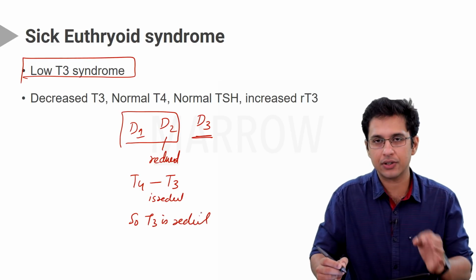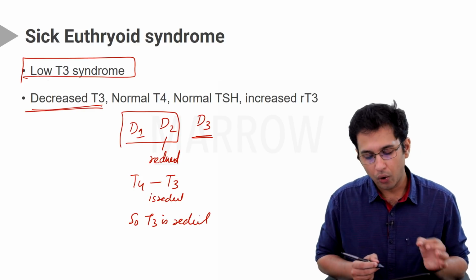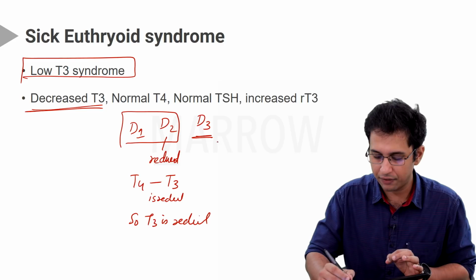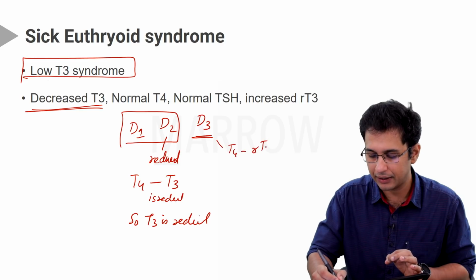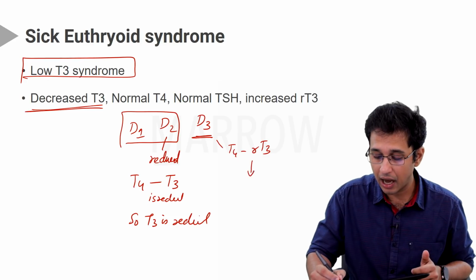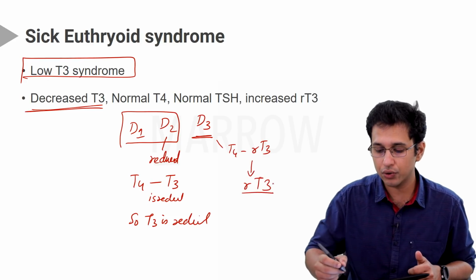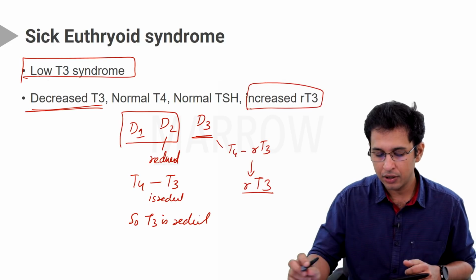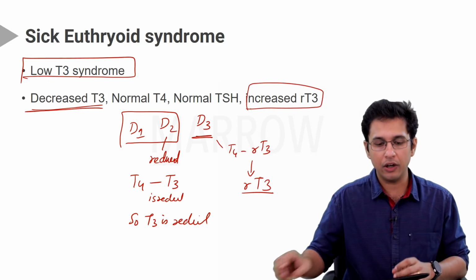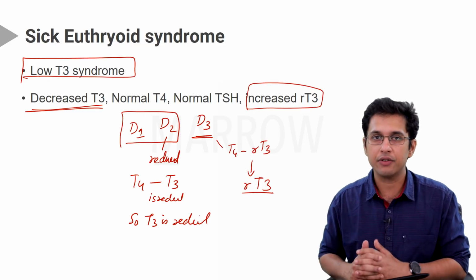This is what happens first. So there is decreased T3. Also the D3, which converts T4 to RT3, is not affected. So in this condition, the RT3 will keep accumulating because there is low clearance. So this will cause increased reverse T3. So the characteristic feature will be low T3, other things normal, and increased reverse T3.